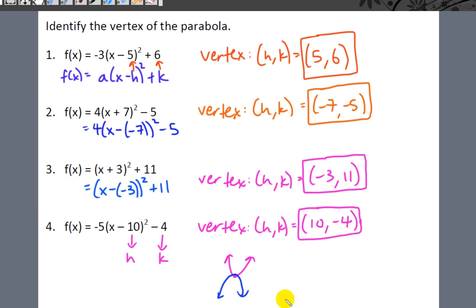You're going to shift it 10 units to the right, shift it 4 units down, and then vertically stretch it by a factor of 5, so this thing gets skinnier. Maybe something like that. That's not the best drawing, but I think you get the point. This is 0, 0, and then 10 units to the right, 4 units down: 10 comma -4. So that's how you would identify the vertex.